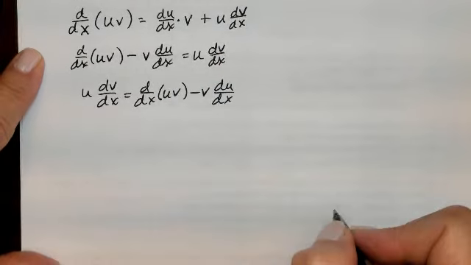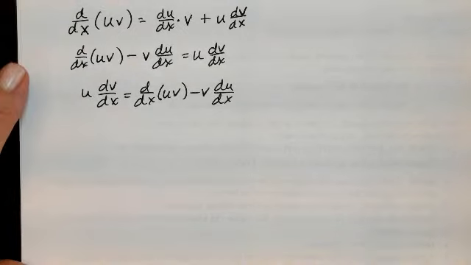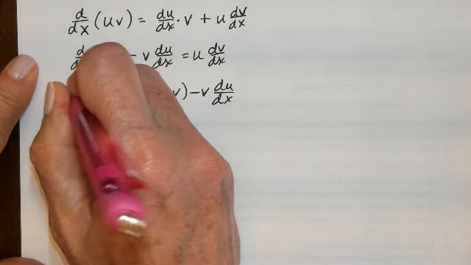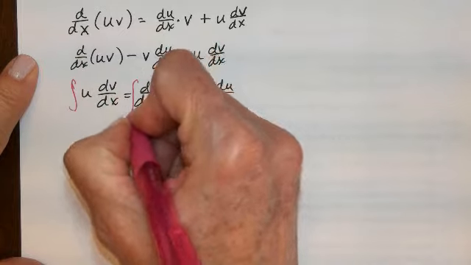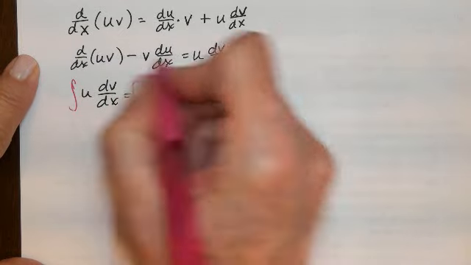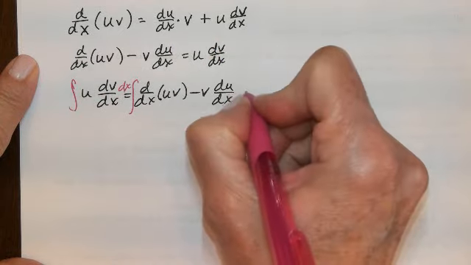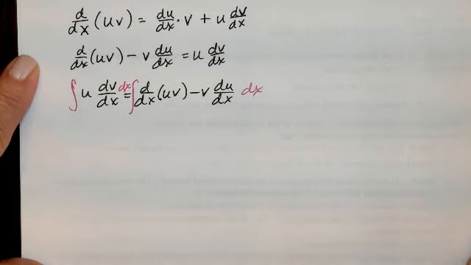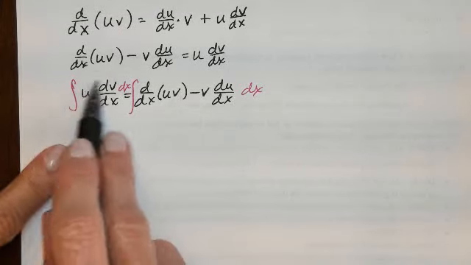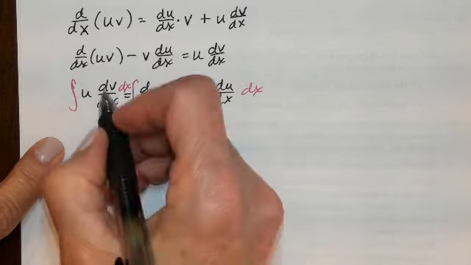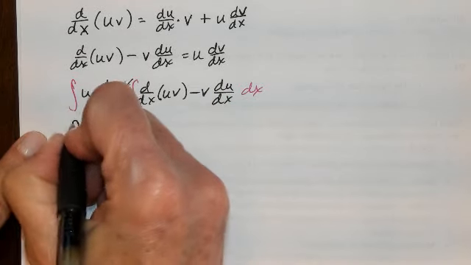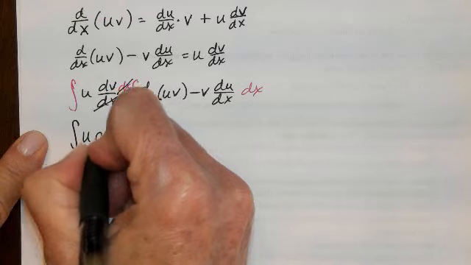Now I'm going to integrate both sides with respect to x. When I integrate this side with respect to x, do you see how the dx's cancel? And we're left with the integral of u dv.